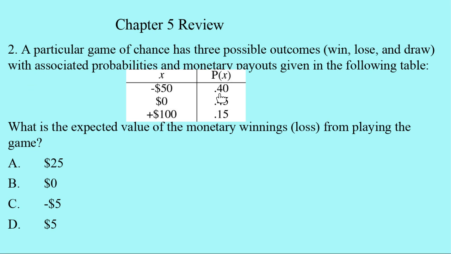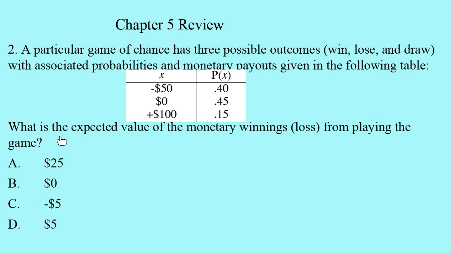The probability of X is 0.4. You're even. The probability is 0.45. Or you win, and the probability is 0.15. When you have a table like this, always make sure it adds up to 1. Okay? Your probabilities, as mentioned in the first question, should all add up to 1.